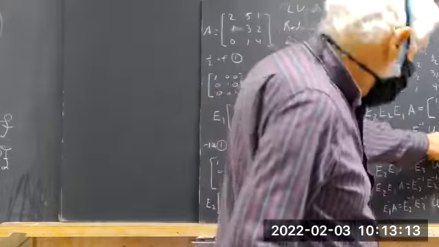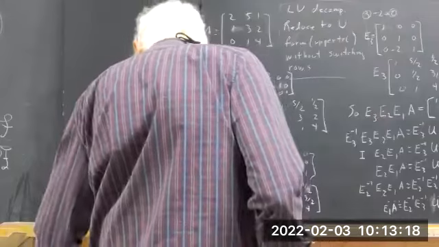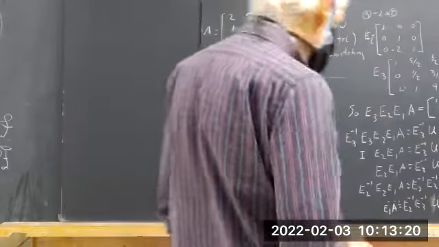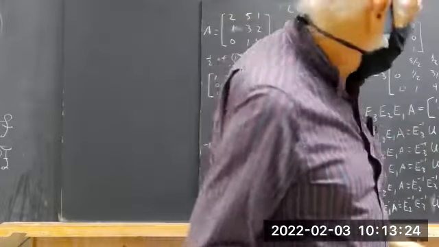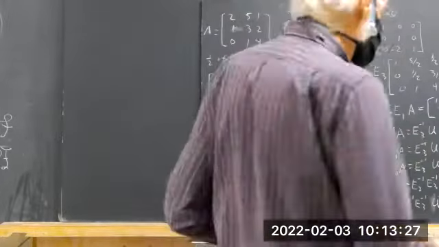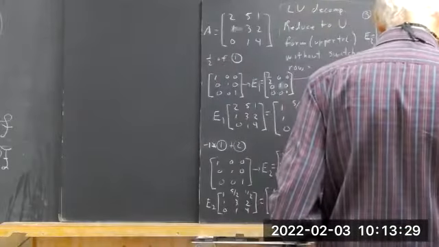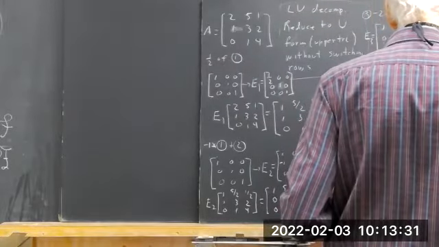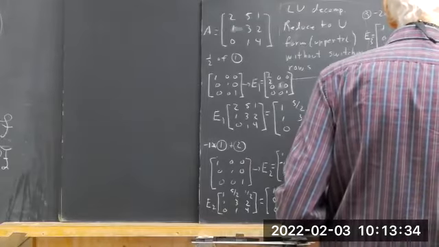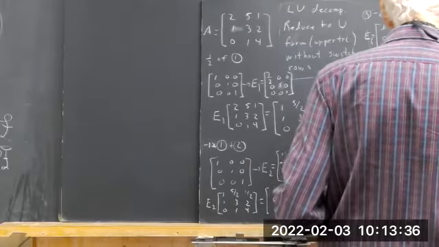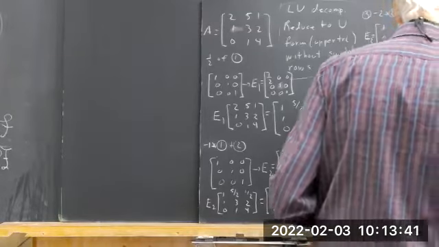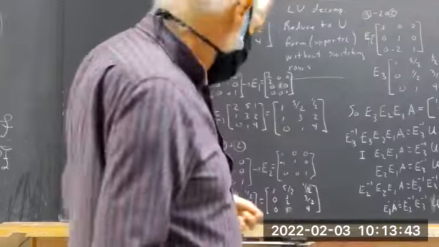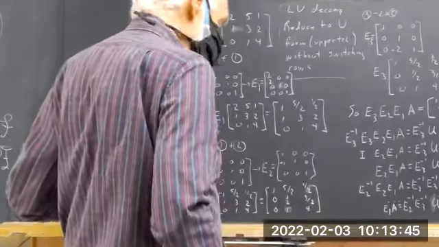So what do we have? We have lower triangular times upper triangular. Given my well-established inability to plan out board space, I don't have much room to write this, but this is lower triangular times upper triangular.